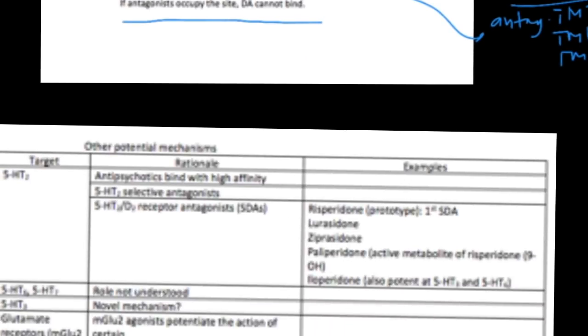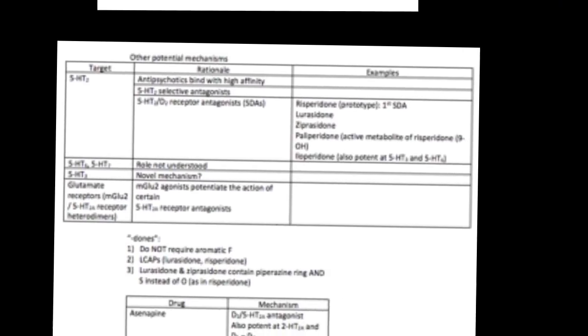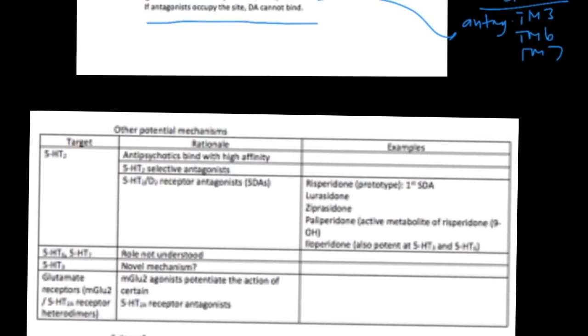Okay. Here are the other potential mechanisms that Glennon talked about. Importantly, your dones belong to the 5-HT2A/D2 receptor antagonist category, your SDAs. Risperidone, which is your prototype. Don't have to know the structure though. Lurasidone, ziprasidone. Ooh, pop quiz. Brand name for ziprasidone.